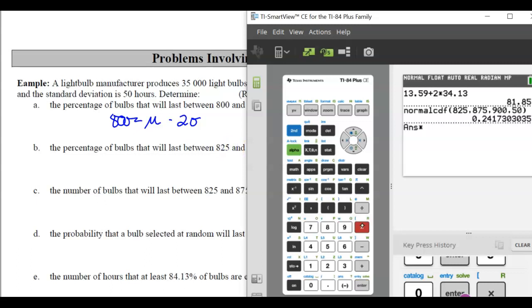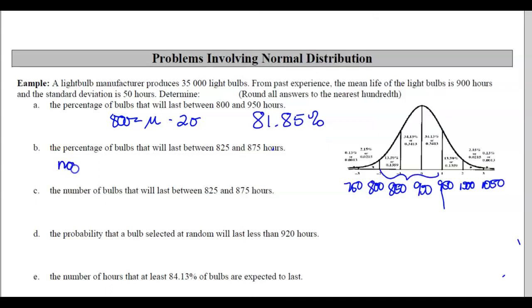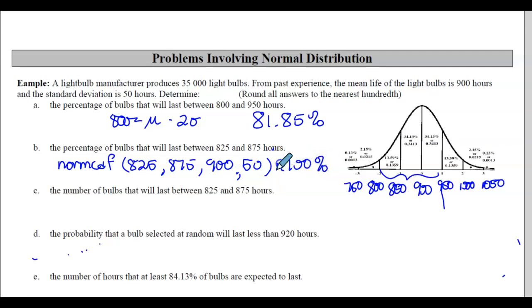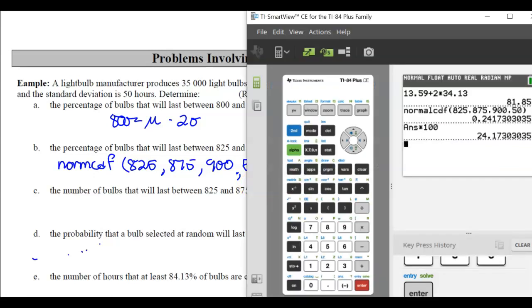So if you multiply by 100, then it's 24.17%.